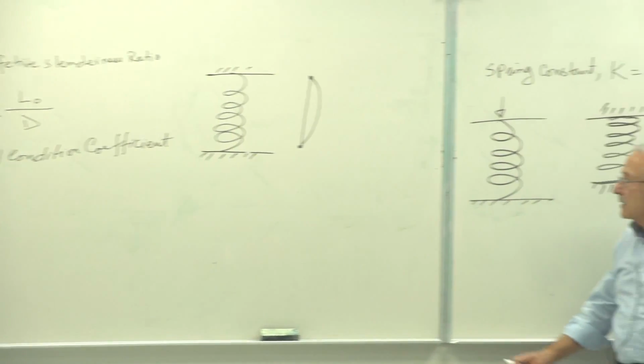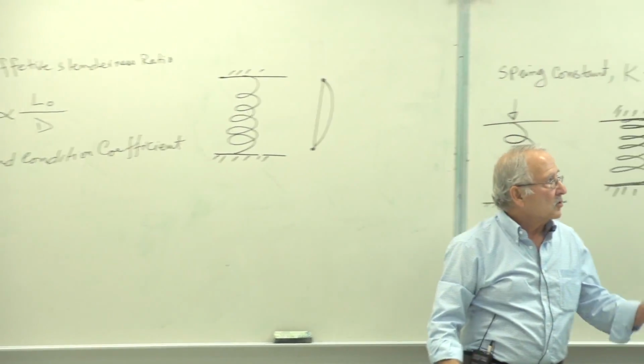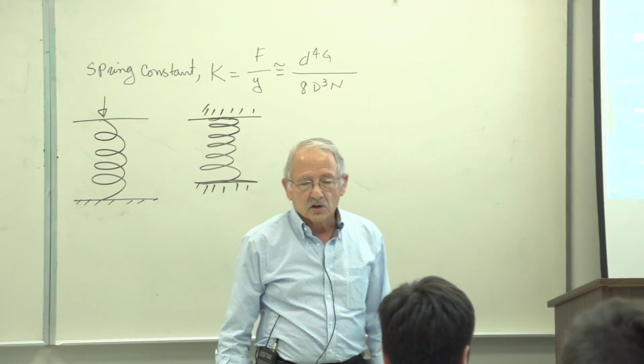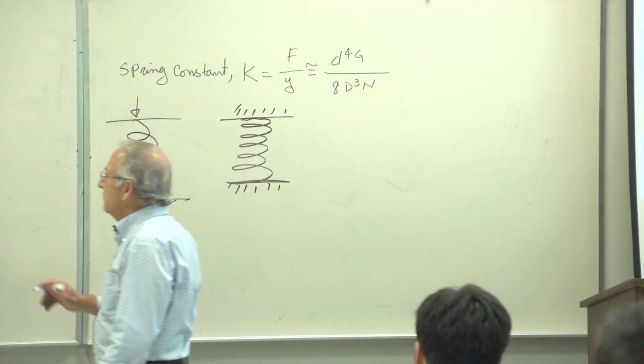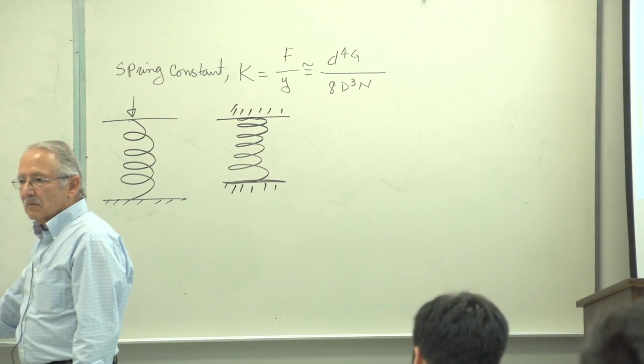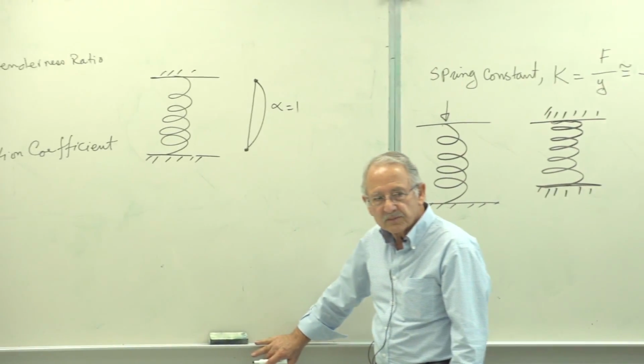And for this, as you can see from here, both ends pivoted, the constant alpha is 1. In other words, it's L over D, just like you had it in columns.